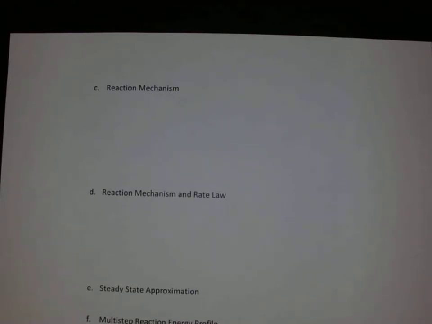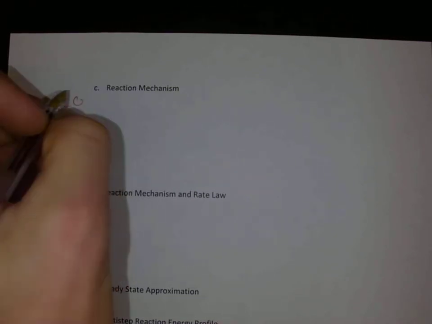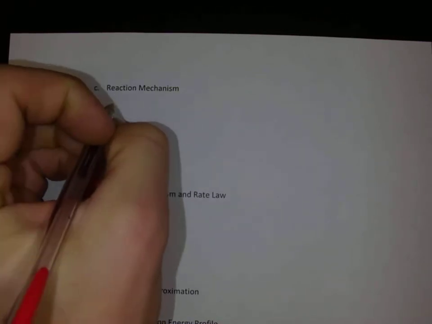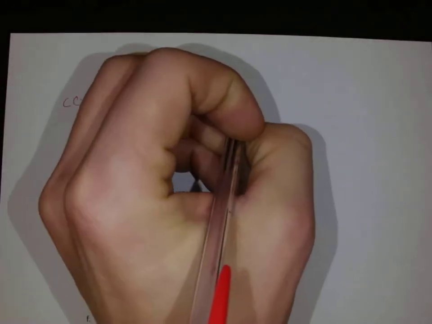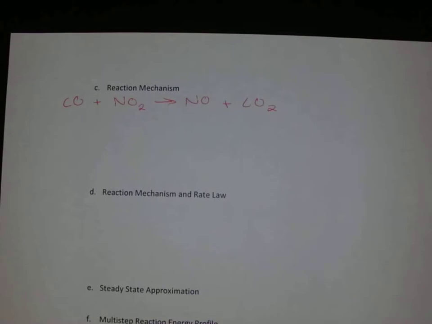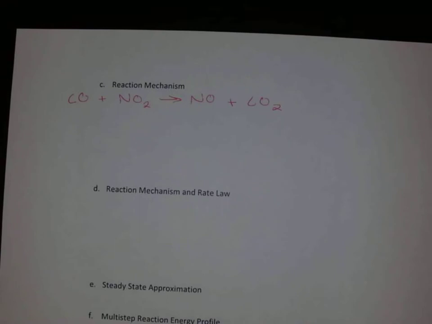So our reaction mechanism, let's go back to our same reaction that we said. We had CO and NO2 going to NO and CO2, okay? So our reaction, like we said, has to occur in steps, only one step at a time.